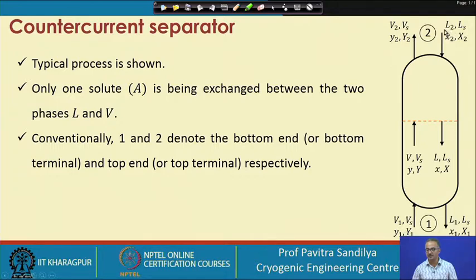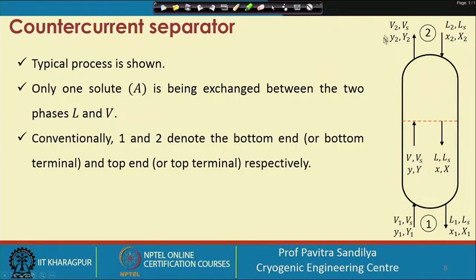We find that this heavier phase is coming from the top to the bottom, while the lighter phase is going from the bottom to the top, and as they flow along this column, they are getting contacted with each other, and due to the mixing of these two phases, the particular solute A is getting exchanged between the two phases, and at any intermediate position we are giving some arbitrary compositions x, y.